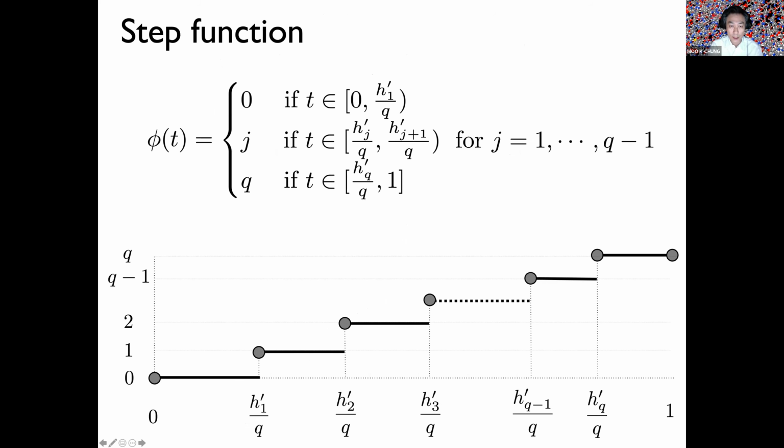This pi will be between 0 and q. You will take integer values between the interval 0 and 1. Now, this construction is somewhat artificial. I'm trying to make an empirical cumulative distribution function that's actually needed.